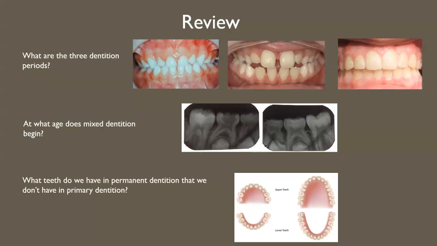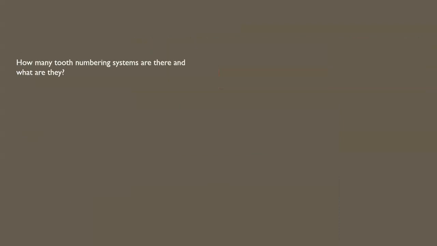We lose a central, gain a central, lose a lateral, gain a lateral, lose a canine, gain a canine, lose a first primary molar, gain a first premolar, lose a second primary molar, and gain a second premolar. So no premolars in primary dentition.